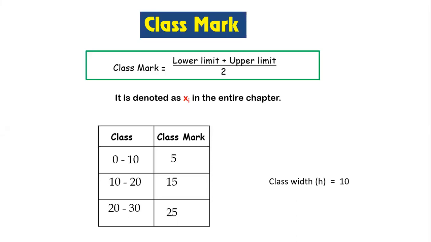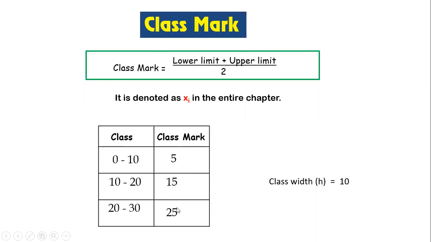Now when we are finding class mark, students, I don't have to find class mark for every class interval. Just find the class mark of the first class interval. Then see, it is increasing by 10, right? See, the class width is 10 because the gap between 0 and 10 is 10. So keep adding this 10. 5 plus 10, 15. 15 plus 10, 25.